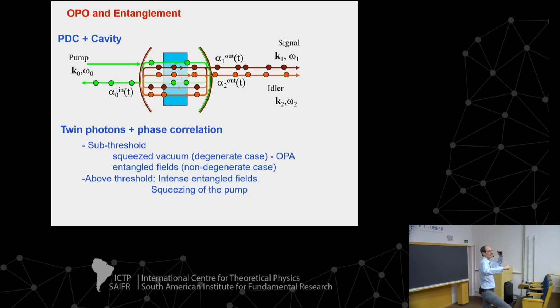The pump will be clipped at a certain value, and if you double the input pump power, the intracavity power remains the same. The excess that you're putting in will be dropped away on this side, and you have a pair of laser beams coming out. So that's the difference between subthreshold and above threshold.